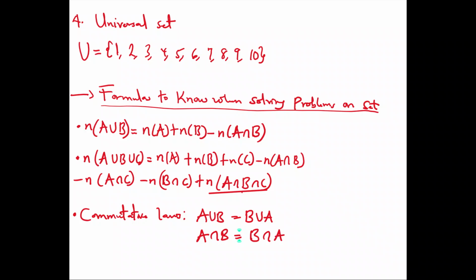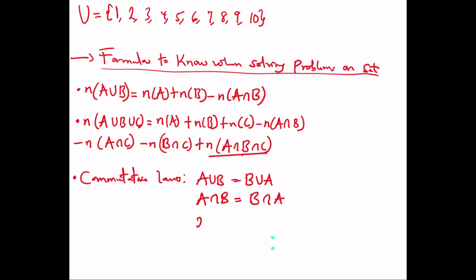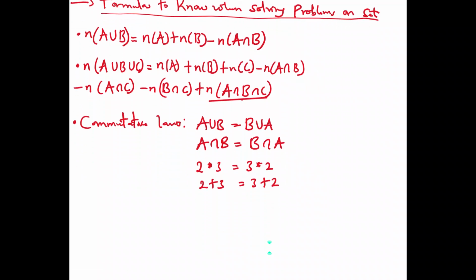And A intersection B equals B intersection A. It's the same thing as when you write 2 times 3 equals 3 times 2, or 2 plus 3 equals 3 plus 2. No matter what order you write it, it's still going to give you the same answer. And another one is the associative law.